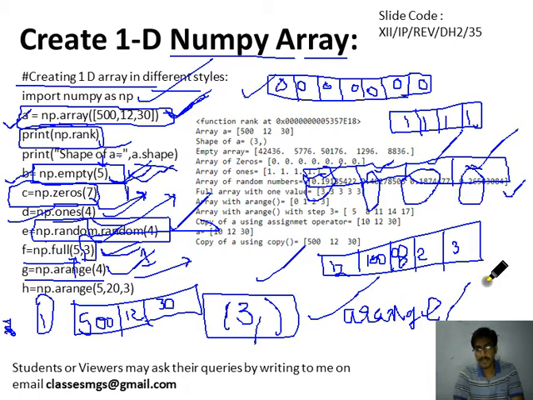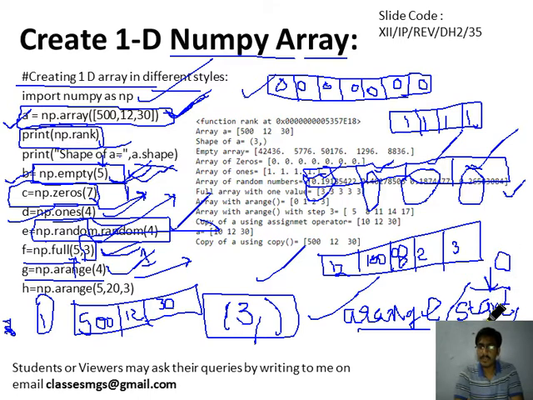A range method will take 3 arguments: start, then stop, then step. So it will have 3 arguments. If there is no step, then by default it will be 1. If you don't have the start value, by default it will be 0.